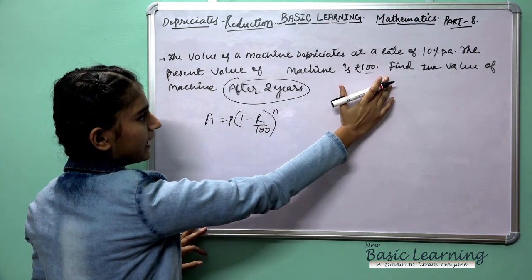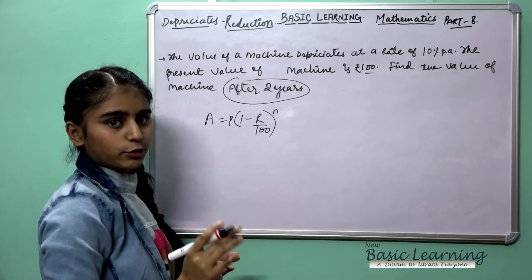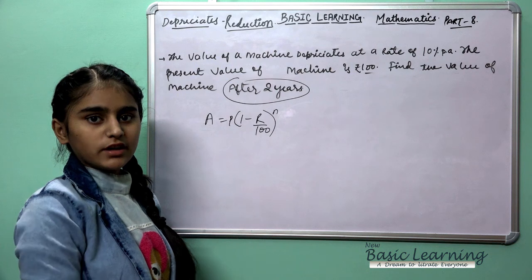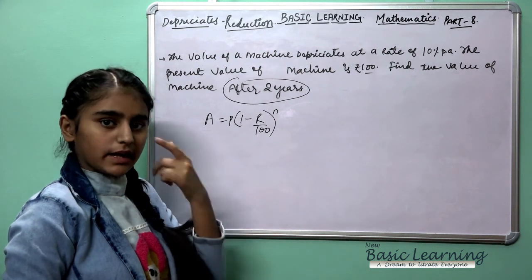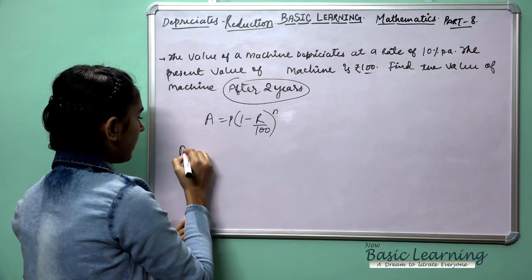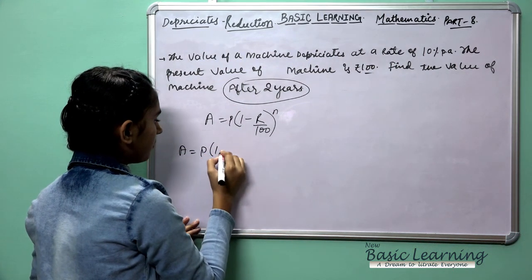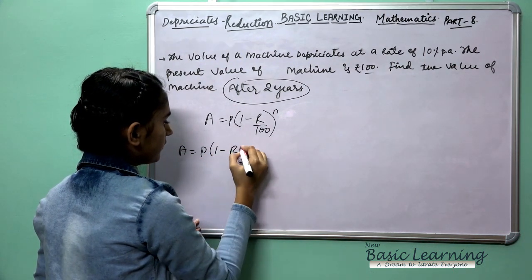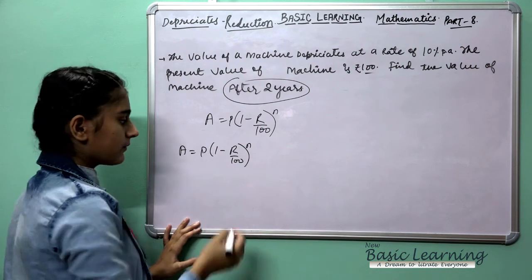The present value given is 100 rupees. I have told you that whenever we are calculating for after 2 years or 3 years, you need to calculate the amount. So amount equals P times (1 minus R upon 100) to the power n.